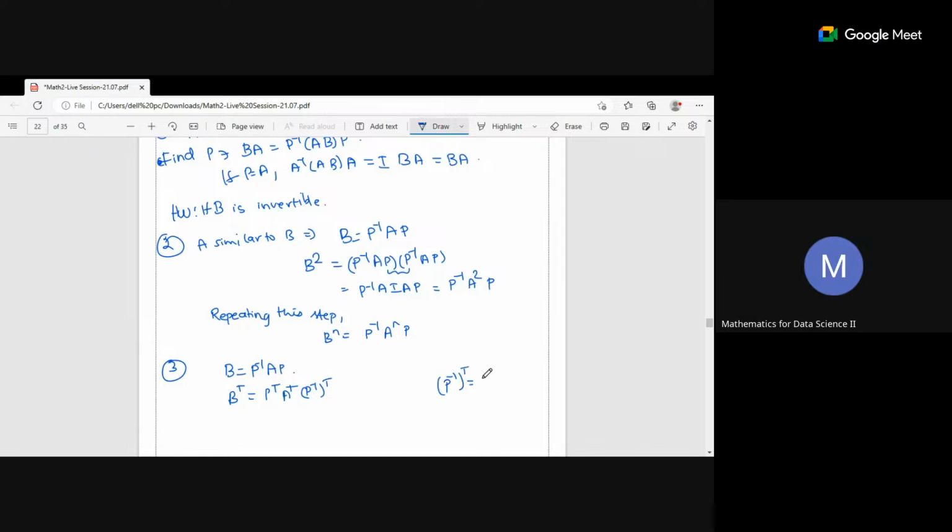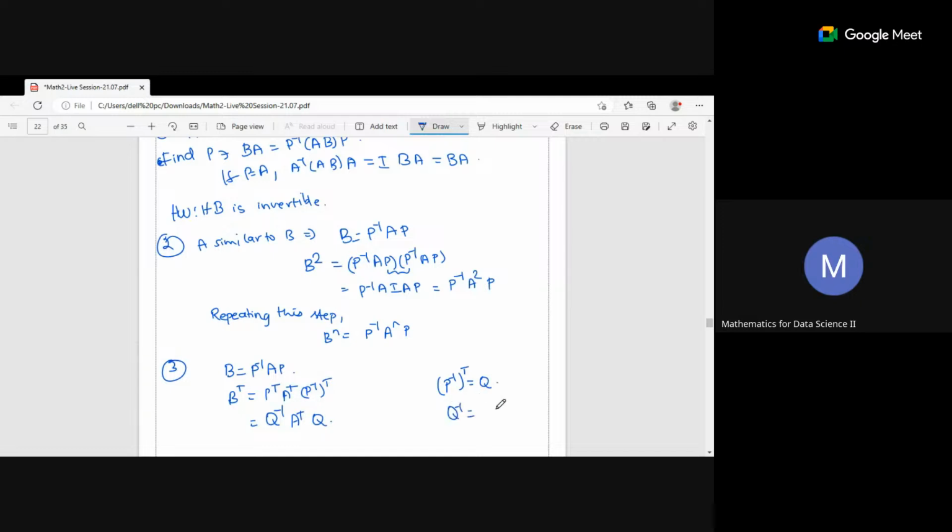Maybe I call this my matrix Q. What I want is Q inverse A transpose Q. So I have to take this as my Q, and this is my Q inverse, right? So what I wrote was correct: P inverse whole transpose as Q. So what will be Q inverse then?